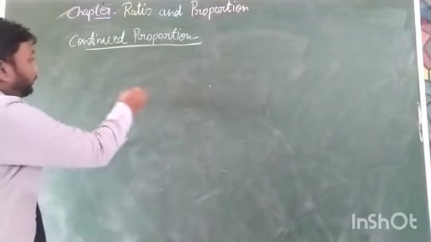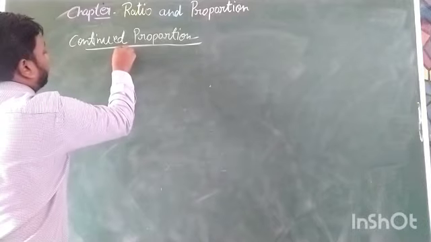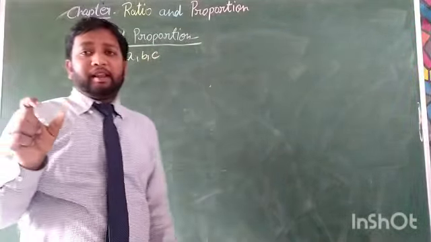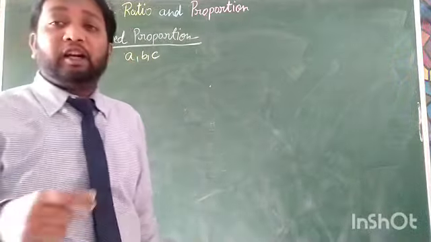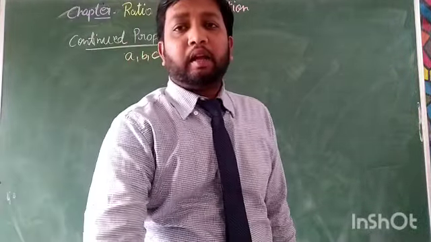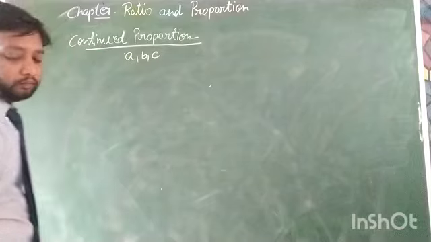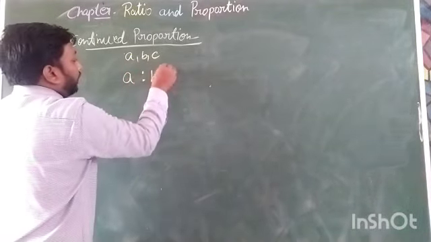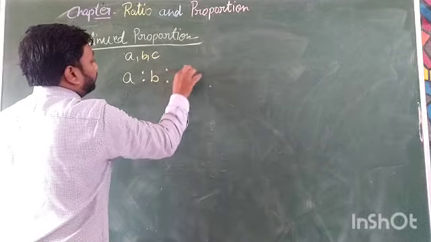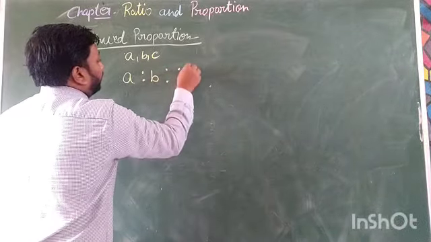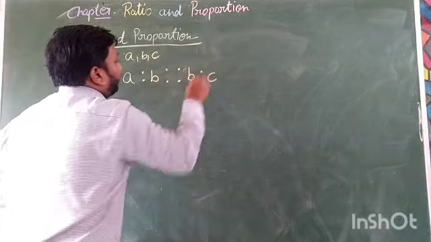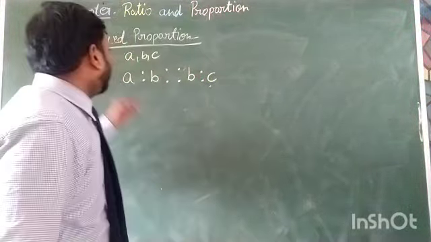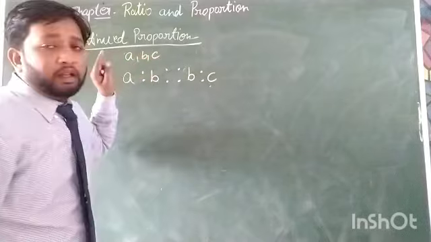If we have three terms a, b, c, then we say that a, b, c are in continued proportion if a ratio b is proportional to b ratio c. Here we have only three terms: this is the first term, this is the second term, and this is the third term.